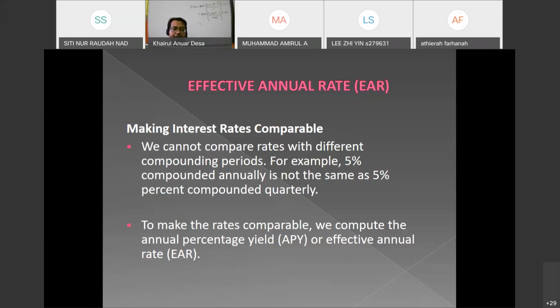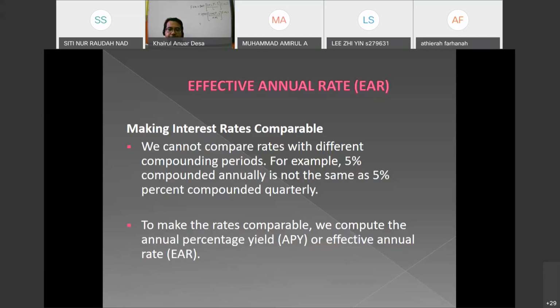But actually there are differences. Kita cakap different how to read the APR and the EAR, annual percentage rate and effective annual rate. Ada dua, apa yang tertulis di surat perjanjian adalah effective annual rate. Okay.